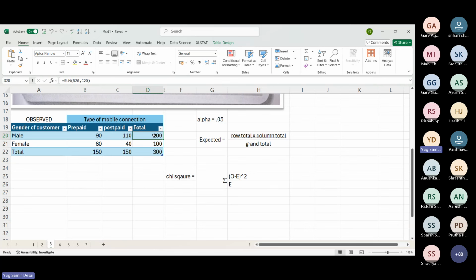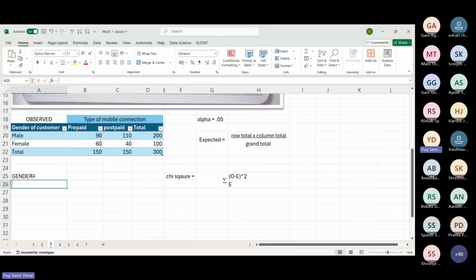After that, adding it to the number of males who have taken a postpaid plan, we get the total number of males who have enrolled within the company for any mobile connection. Same we get for female, and we also get the total for the customers within a plan. So for prepaid, we have 150 customers, and for postpaid, we have 120 customers.